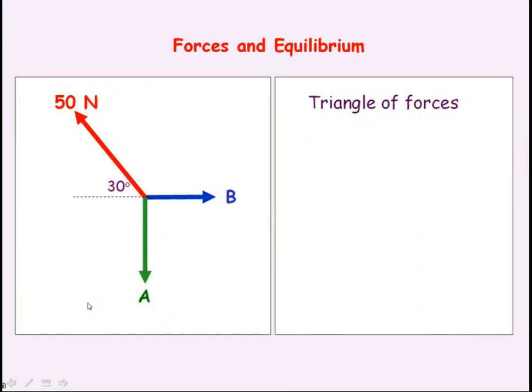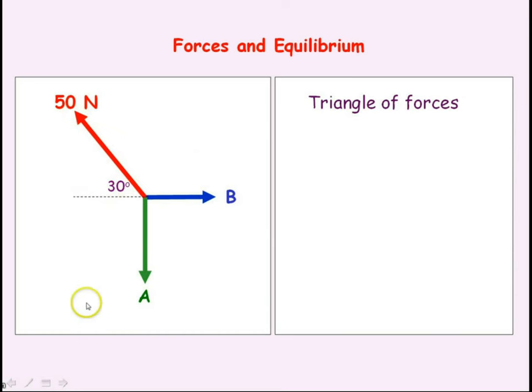So here's another example of three forces that are acting so the system is in equilibrium. We've got a vertical force downwards of A, a horizontal force to the right of B, and a 50 newton force acting 30 degrees from the horizontal and acting upwards and towards the left.